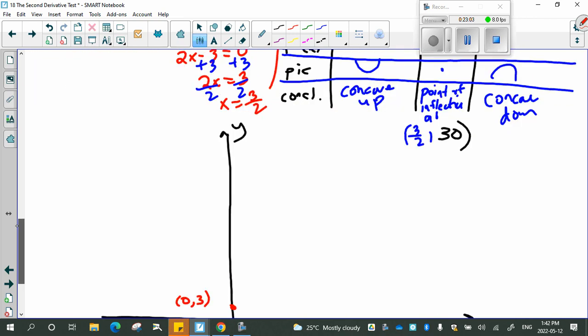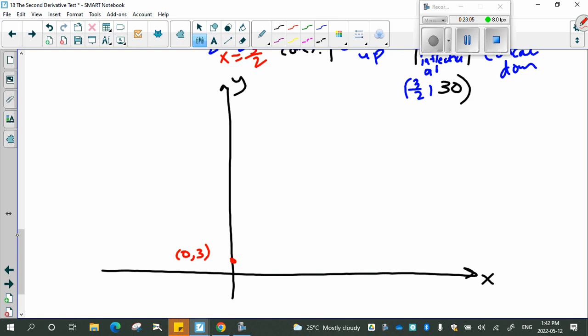We have 3 and 57, so I'm going to put that over here. And then 1.5, so that's halfway between here and here. That's 3 over 2. You know what's cool about 30? It's halfway between 3 and 57.